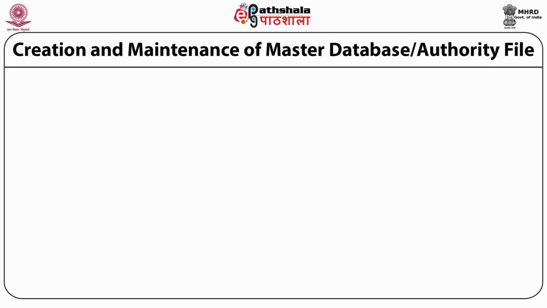Creation and maintenance of master database or authority file. The following are the master databases. Number 1, name. This file provides authoritative data for names of persons, organizations, events, places, and titles.